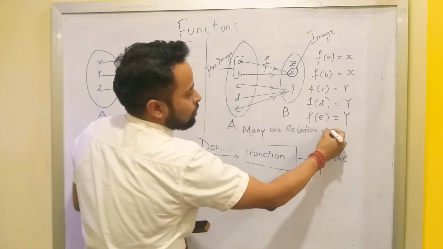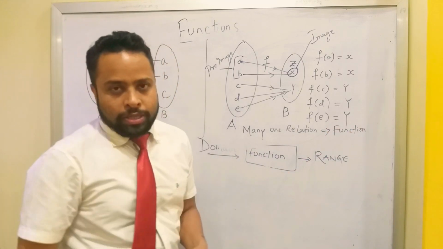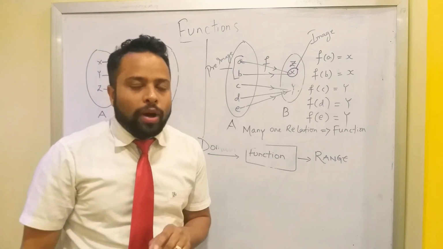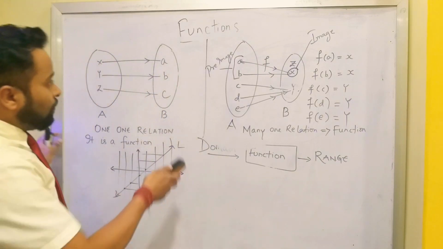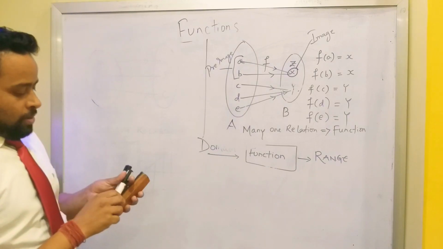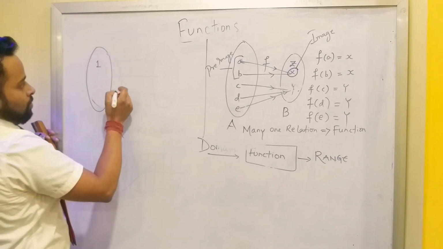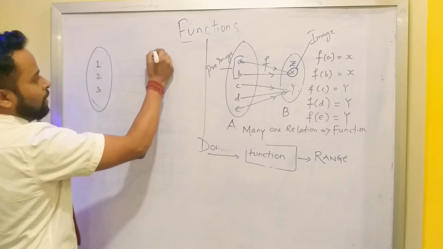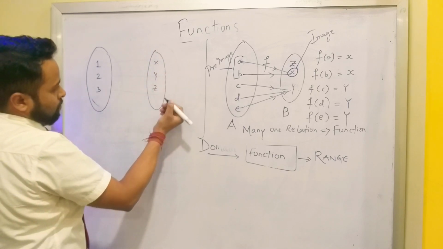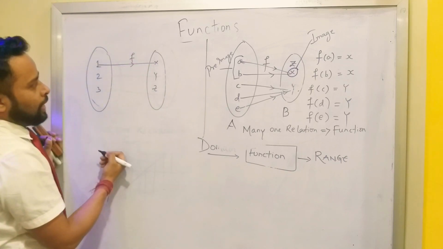And it is also a function. Many-one relation is a function. Now I said one-one relation is a function, many-one relation is a function, but if there be a situation of a kind where, say, my input is 1, 2, 3, and my output is say x, y, z, I put 1 in the function, I get x.